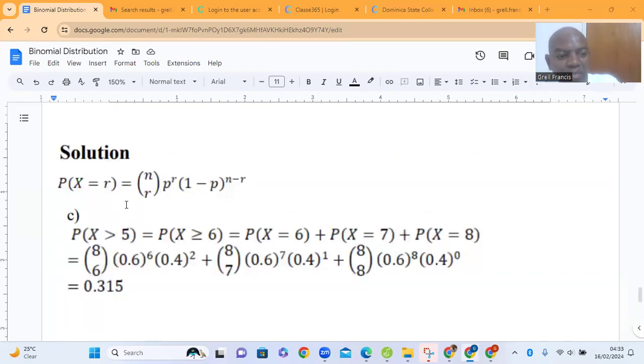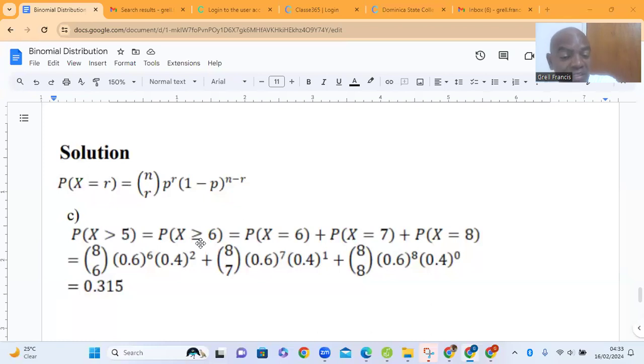So again, we are going to apply the binomial distribution formula. We want to calculate the probability that the number of persons who support party A is greater than 5. In discrete random variable analysis, greater than 5 is the same as greater than or equal to 6, because there is no number in between 5 and 6 when we're talking about countable numbers.